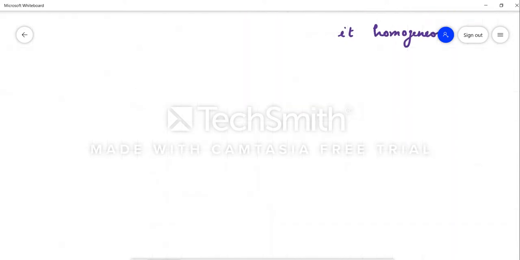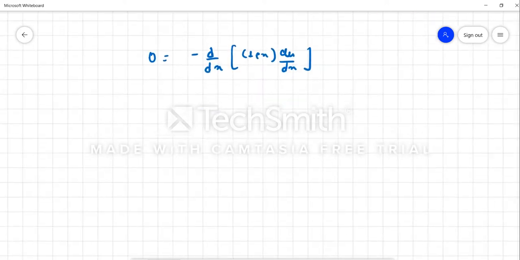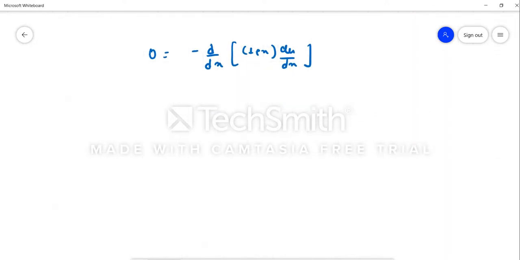So our equation is minus d over dx of (1 plus x) du over dx. This is the strong form, and we will convert it into weak form.